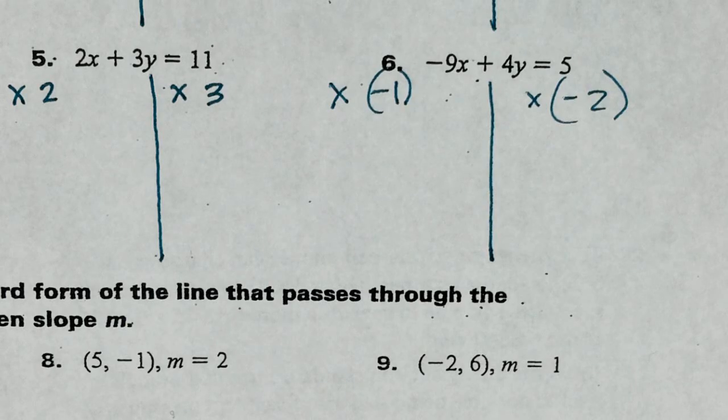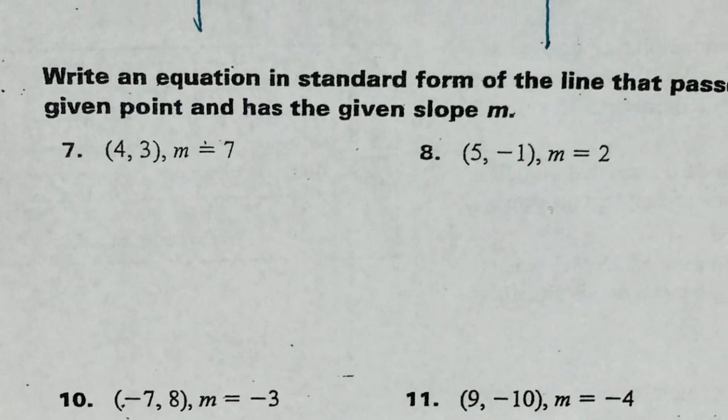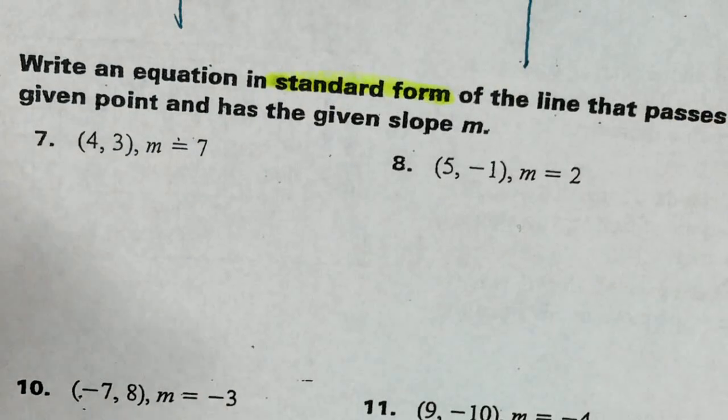Okay, any questions on 1 through 6? All right, on 7 through 12, this is new from Friday. It wants you to write an equation in standard form. So your answer must be ax plus by equals c. But it gave you a point and a slope. So what do y'all think we should do first?